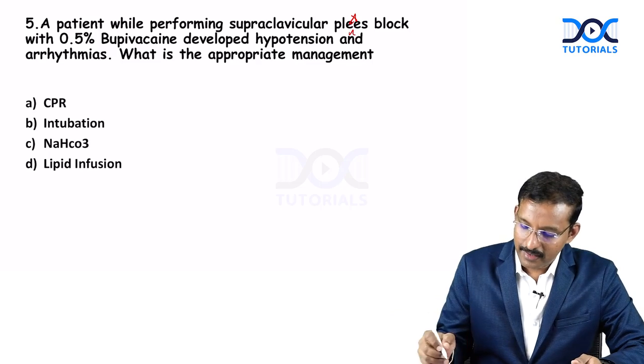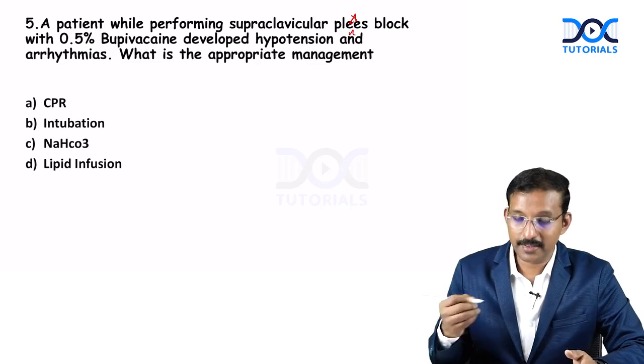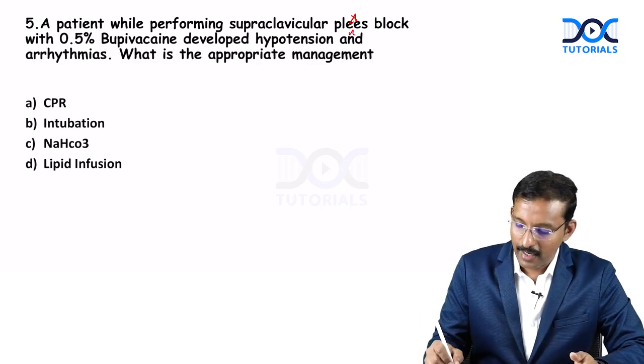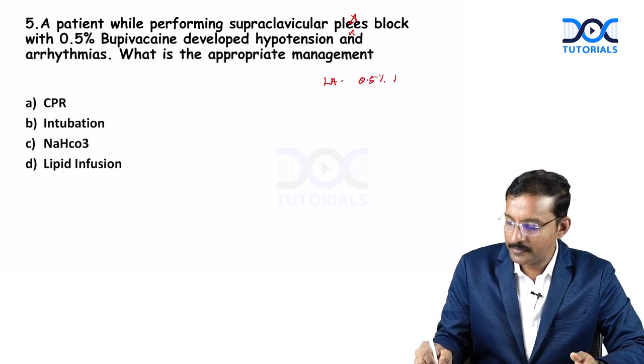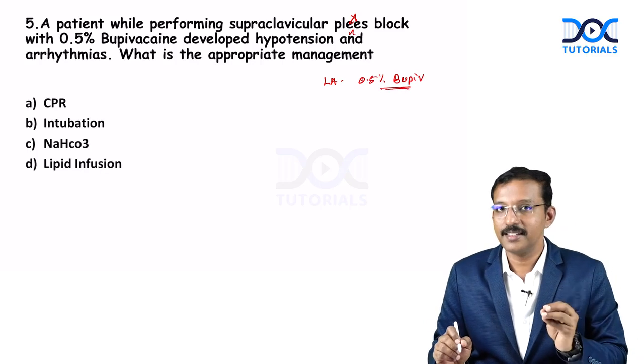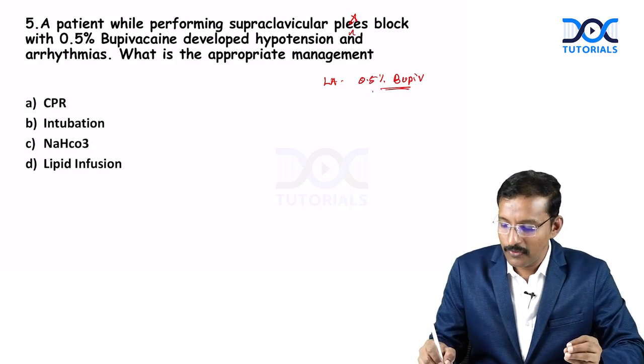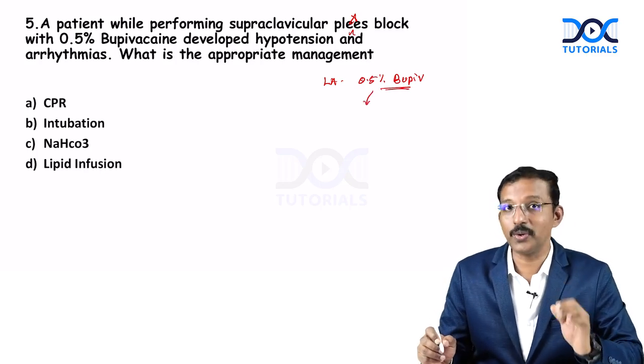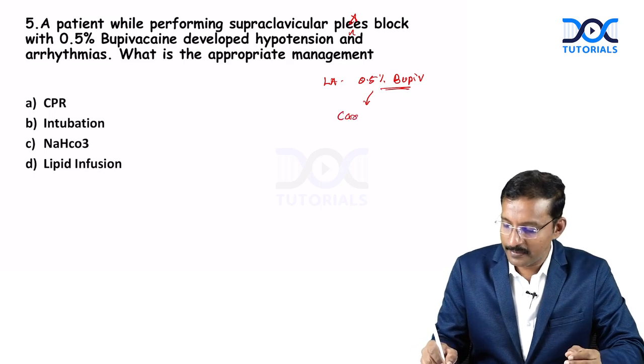Now, the clues in this question. First, it is a supraclavicular plexus block and the local anesthetic used is 0.5% bupivacaine. And whenever you hear about bupivacaine, we have learned that it is notorious for cardiac toxicity.